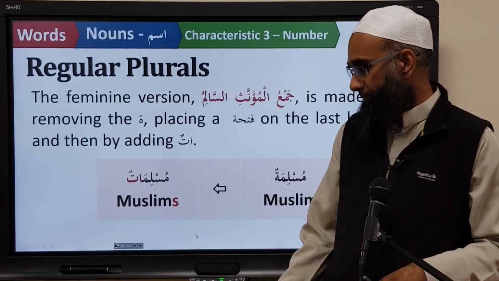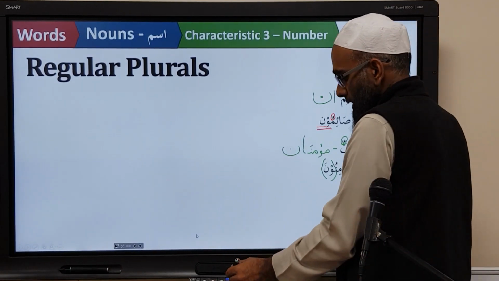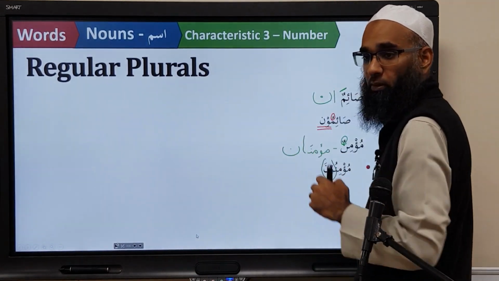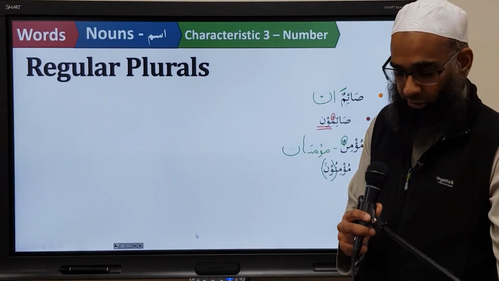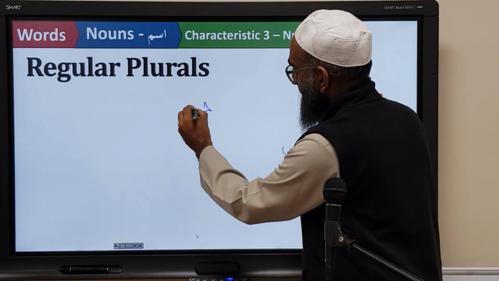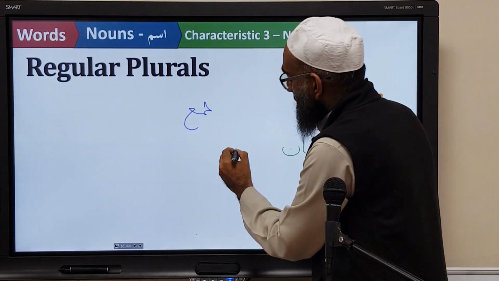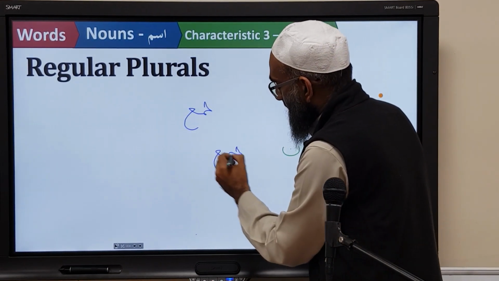Now, if you go back a bit, it's a few words coming together here. So we say, what do you call a plural in Arabic? Jama'. If you say jama' for the masculine, you call it jam'ul mudhakkar.